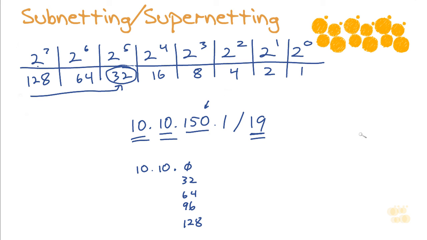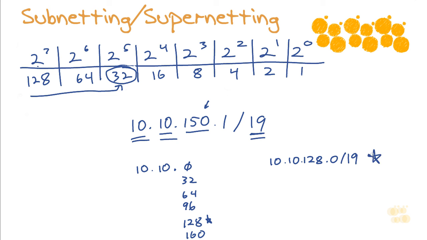Because if we go 32 more, it's 160. So the next one begins at 160. So 150 is between 128 and 160. So the subnet we live on is here. That's 10.10.128.0/19. That's where we live.